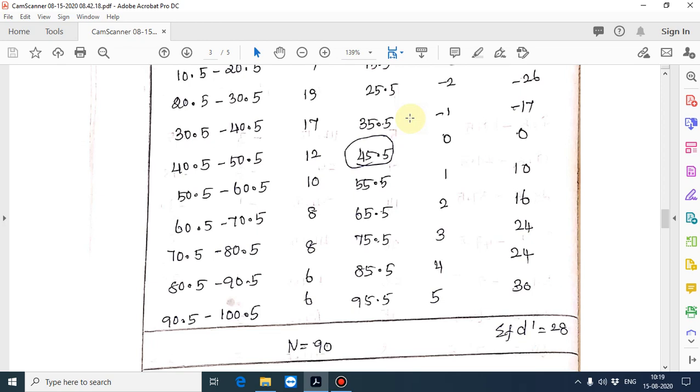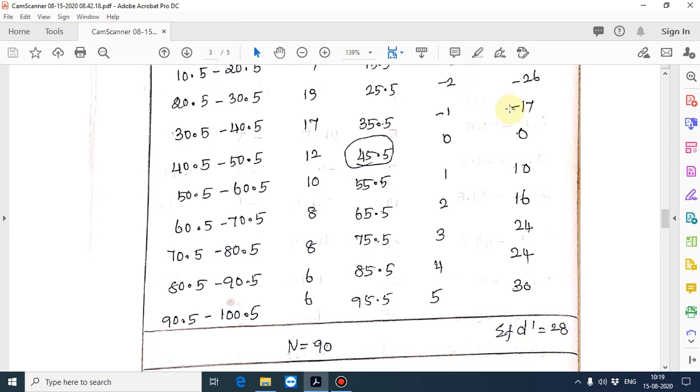For the assumed mean, see how many values there are: 1, 2, 3, 4, 5, 6, 7, 8, 9, 10. Again an even number. So if you are getting two middle values, take the first value, 45.5. You do like this and calculate the d dash value.